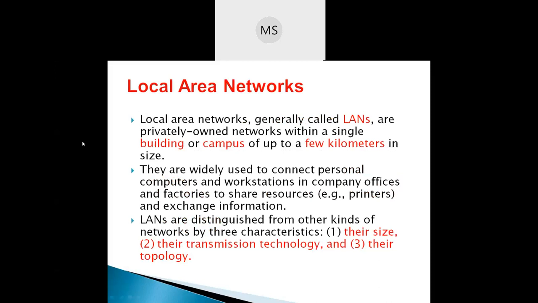Next, coming to the first one, the local area networks. As I told you, local area networks are generally called LANs, and they are privately owned networks within a single building or a campus, and can cover a maximum of a few kilometers in size. They are widely used to connect personal computers and workstations in company offices, college labs, or university labs.